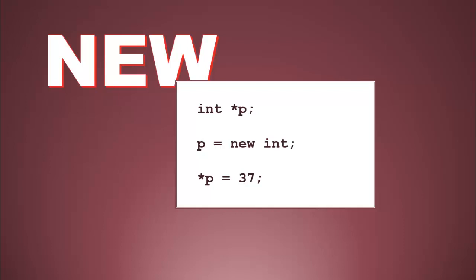If it is successful at doing that, the new operator will place the address of the allocated space into the pointer p. When I want to assign a value into that memory location, I use the dereferencing operator and an assignment operator and put my 37 into the memory location known as p.